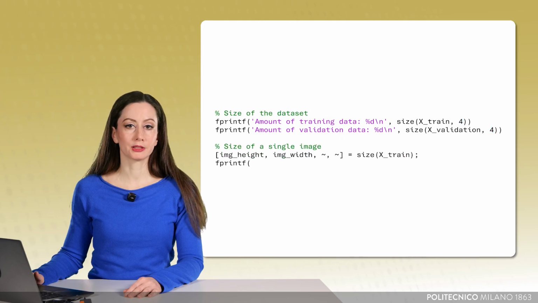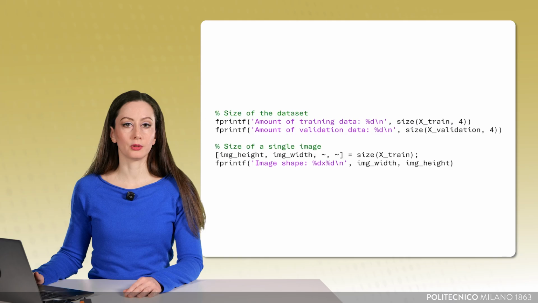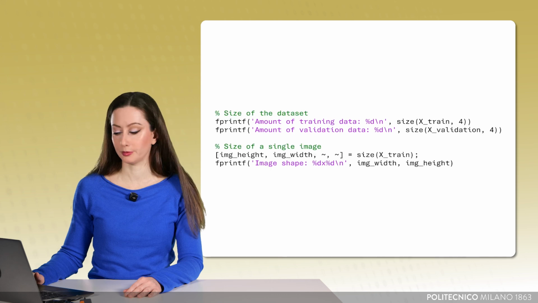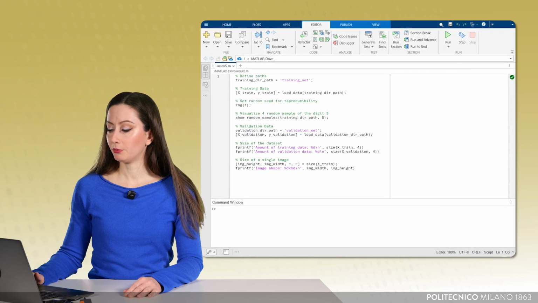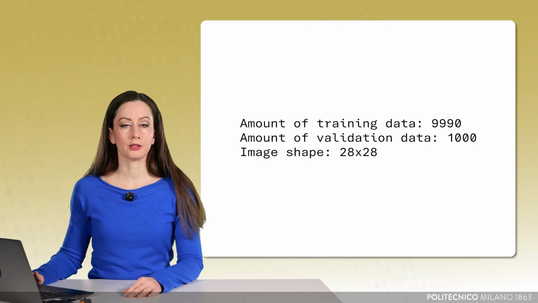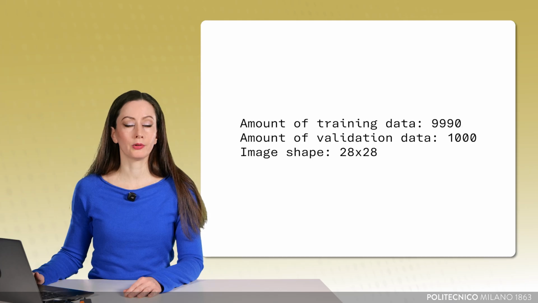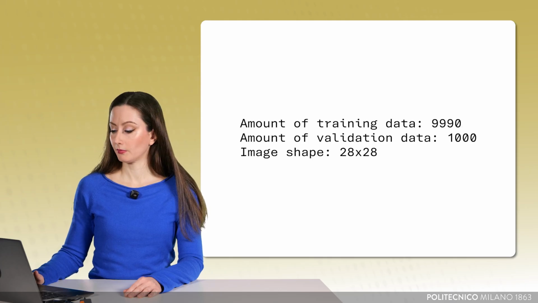While to inspect the size of a single image, again, we use the size function applied to xtrain, but this time we look at the first 2 dimensions, indicating the height and width of the images. And we see that the training dataset contains 9,990 images made of 28 by 28 pixels, while the validation dataset contains 1,000 images.